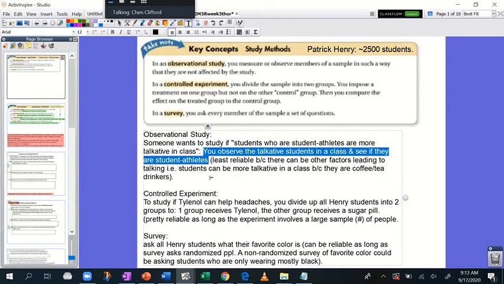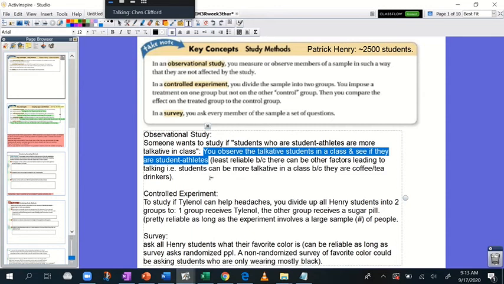If I see that maybe 80% of the people who are talkative are athletes, then maybe I can say that if they are an athlete, they are more likely to be talkative in class.